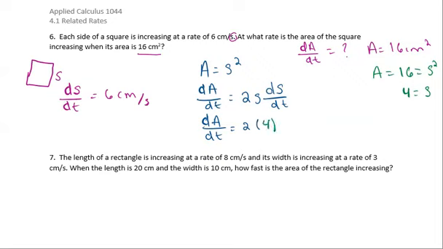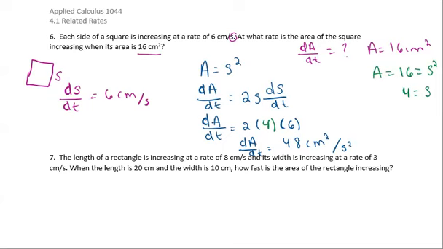We figured out s, and we're told that ds dt is 6, part of our given information. So 4 times 2 is 8 times 6. It looks like dA dt is 48, and it would be centimeters squared per second.